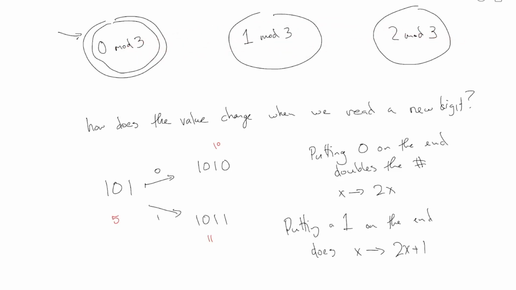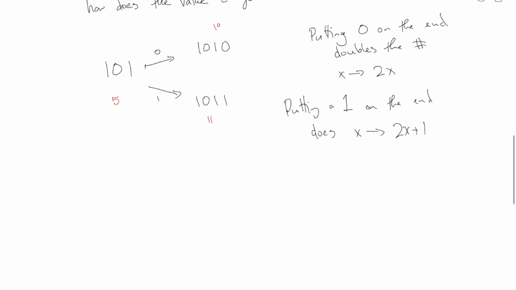So let's try and think about this. So I'm going to do the arrows from the 0 mod 3 case. From this state, right?